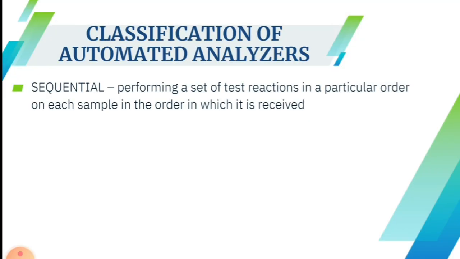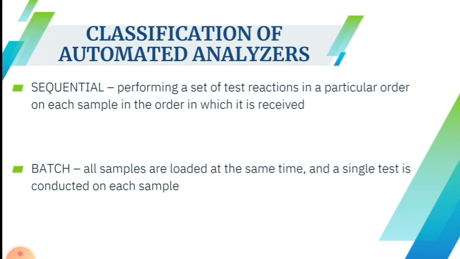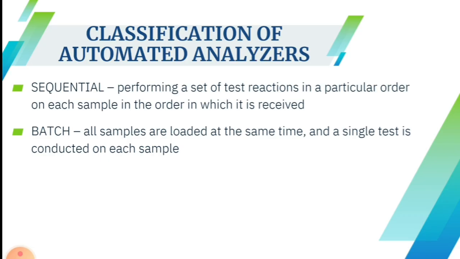Now we also have the classification of automated analyzers. First, sequential analysis: all samples are processed in the order that they are received and multiple tests are performed in a certain order. Next, we have batch analysis: all samples are loaded at the same time and a single test is conducted on each sample.